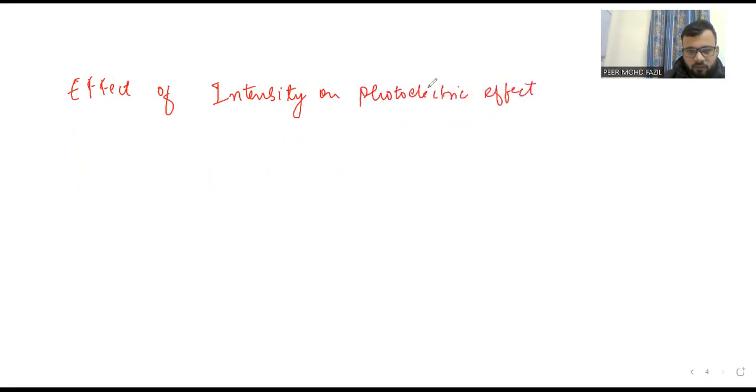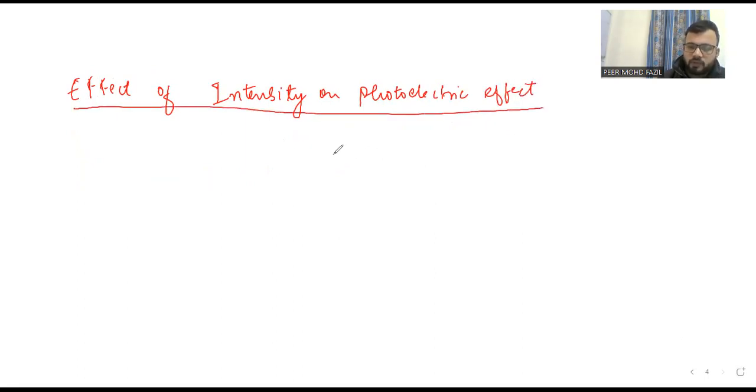Now discussing the effect of intensity on the photoelectric effect.